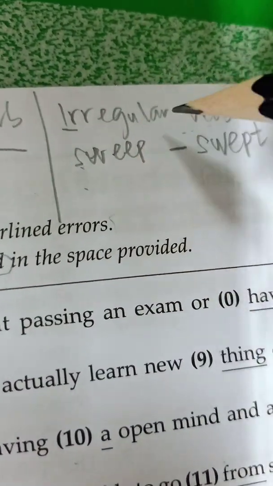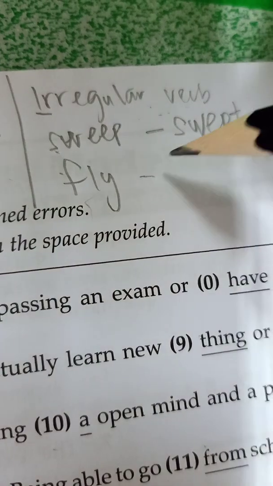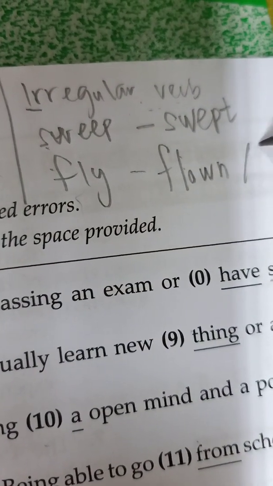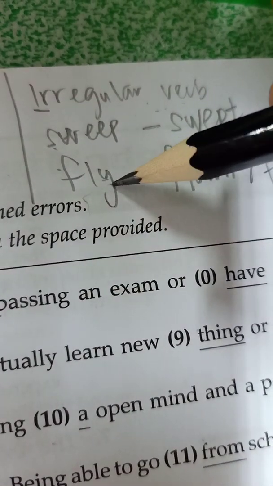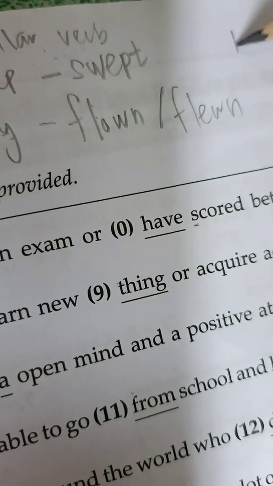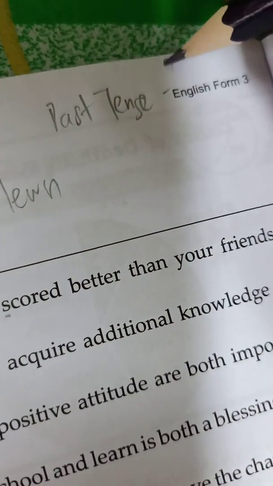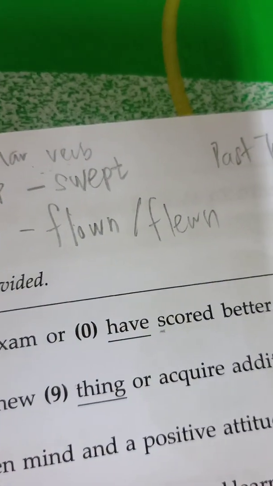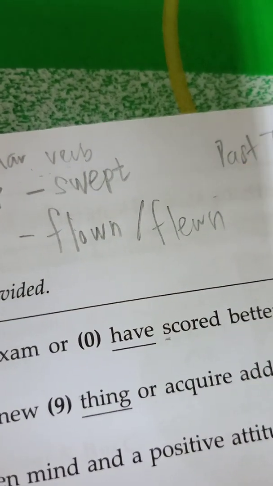What about the irregular verb fly? The past tense for fly is flew. The PP, the past participle, is flown.